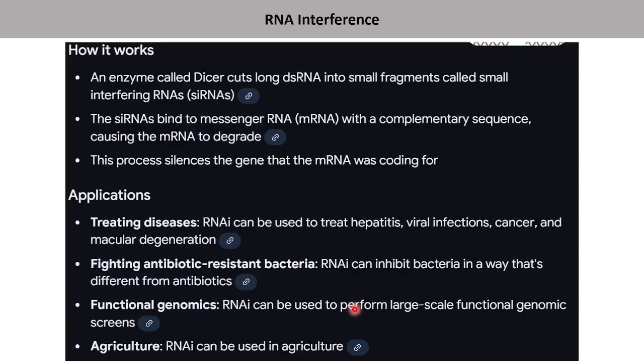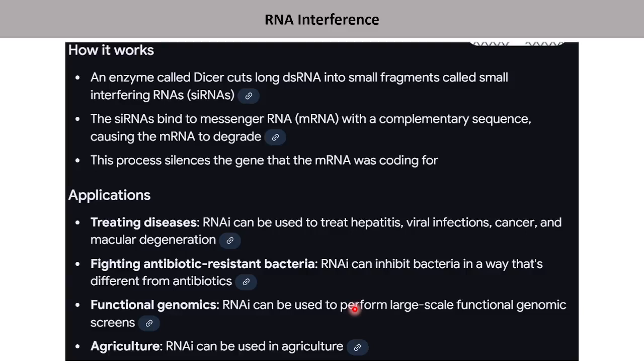Now let's talk about the application of this RNA interference. First of all, it can be used to treat diseases. This happens in cases of humans or animals, that it can be used to treat hepatitis. And this is a very latest technique. So it can be used to treat hepatitis or different viral infections. Nowadays, it is also being used to treat cancers and various degenerative disorders and things like that.